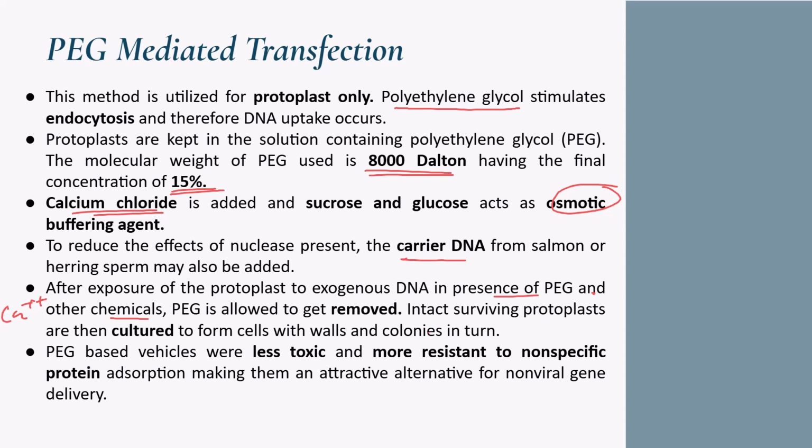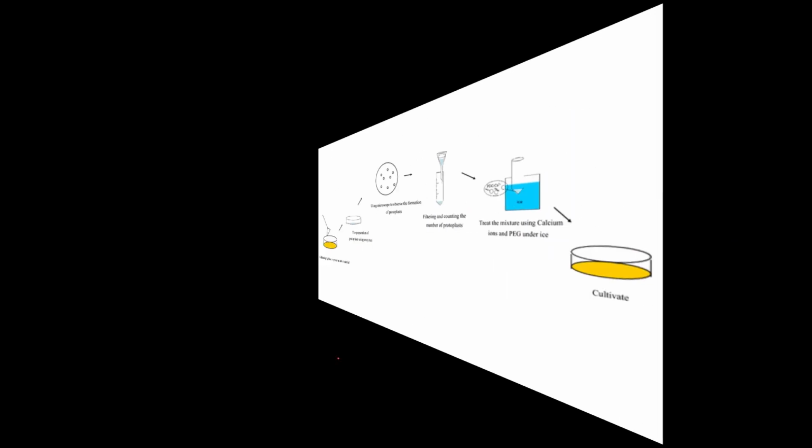After that the PEG is removed. Then the intact surviving protoplasts are cultured. The PEG vesicles are less toxic and more resistant to non-specific protein absorption. So that is one of the advantages of using PEG.